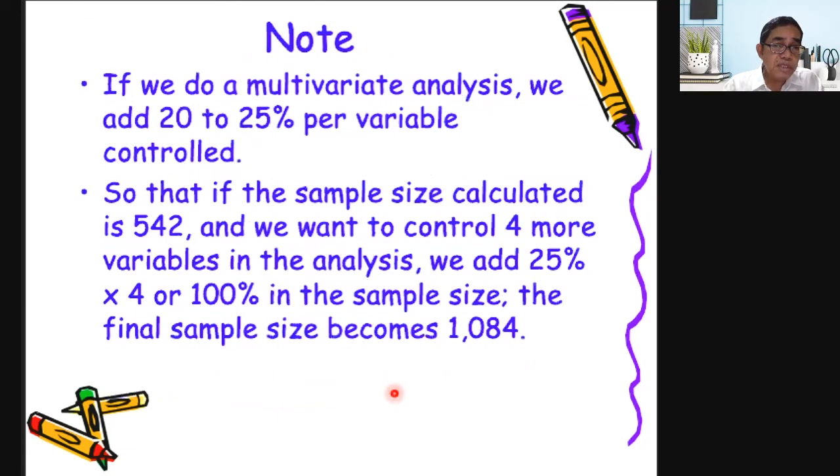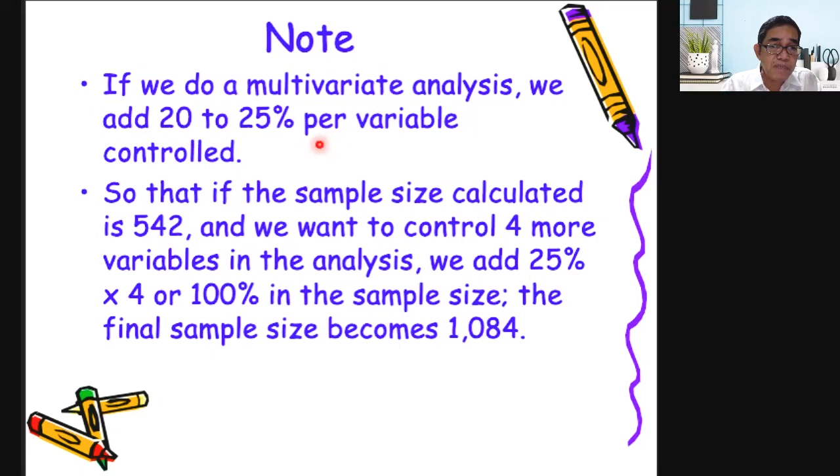Now, just a note, if we do a multivariate analysis, we need to add 20 to 25% per variable that you control. And that is the reason why I told you that those that require complex data analysis will need larger sample size, because when we do multivariate analysis, we normally add 20 to 25% per variable that you control.